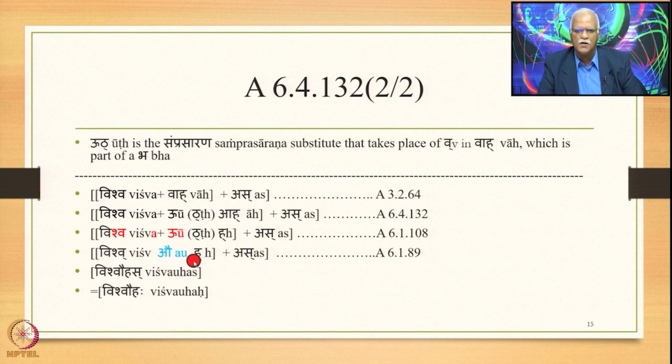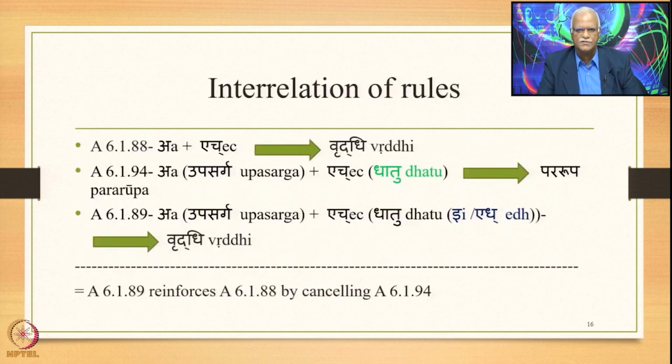We shall take a closer look at this purva rupa sandhi later on. Right now our focus is vriddhi sandhi, and so in this derivation where you have a followed by u, 6.1.89 applies, and in place of both of them you get the substitute au, and so we have the form Vishwauhah derived.